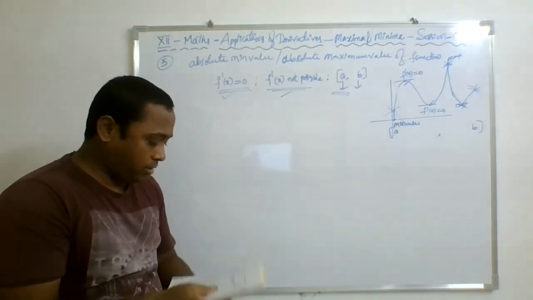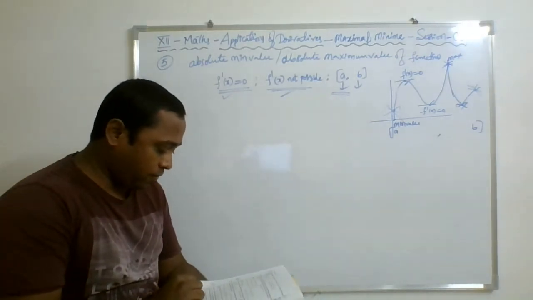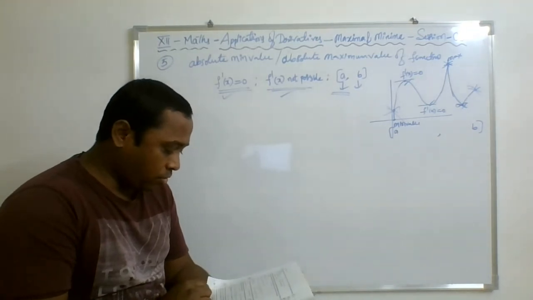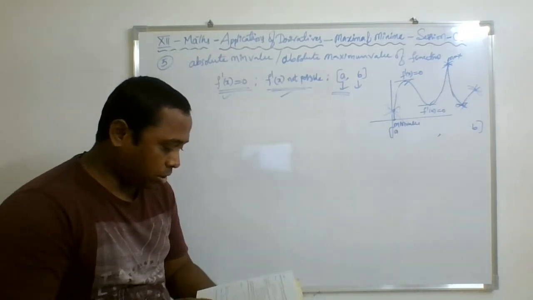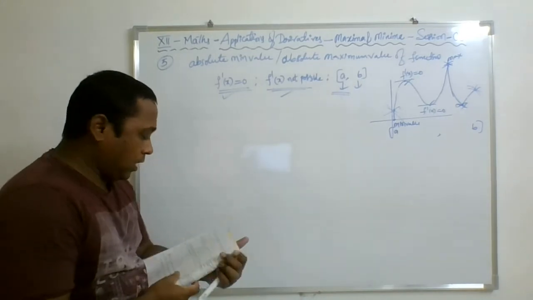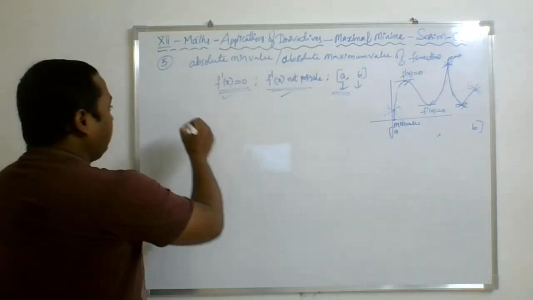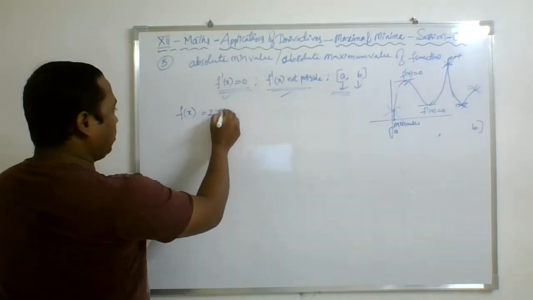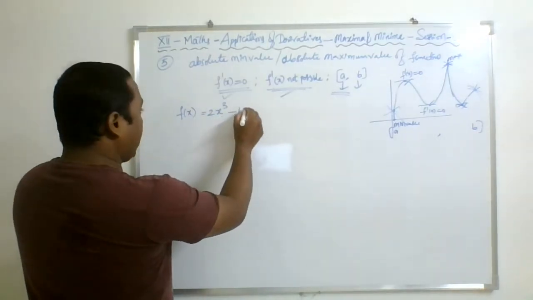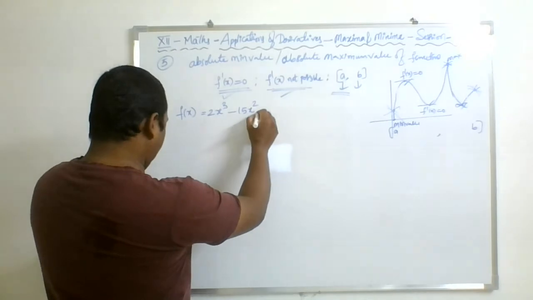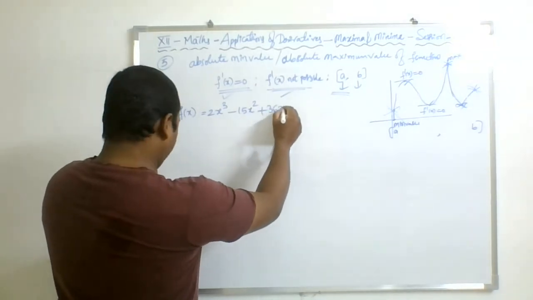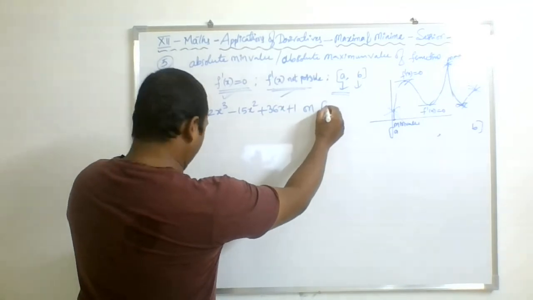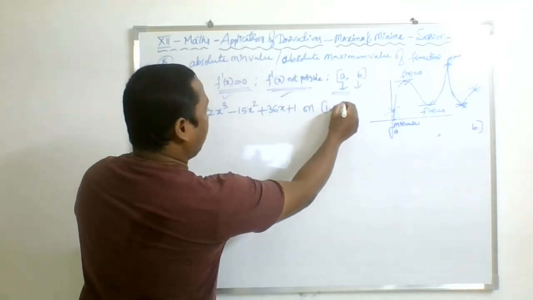Now let's take one question where we have to find the absolute minimum and absolute maximum of the function. Let us take one question here. The function is given. It is the last question. 2x cubed minus 15x squared plus 36x plus 1 on the interval 1 to 5.